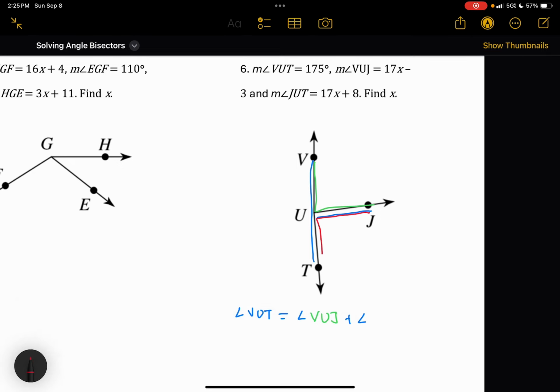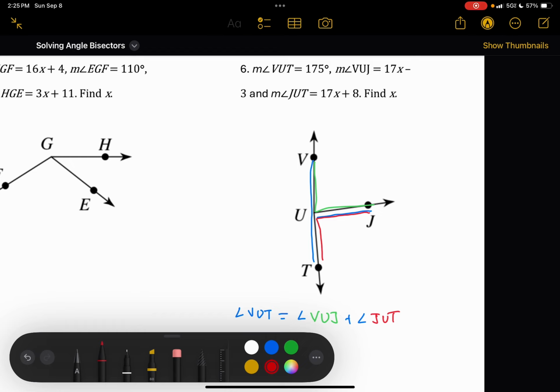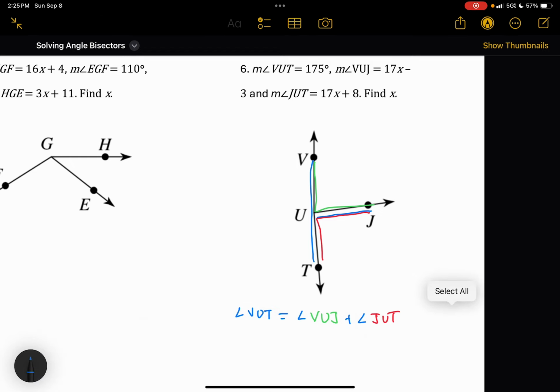J, U, T. All right. It says that VUT is going to be 175. It says that VUJ is 17x minus 3. And it tells us that VUT is 17x plus 8. And we're solving for x.